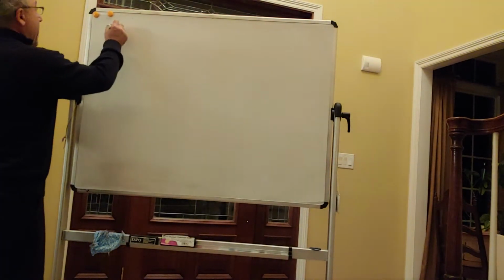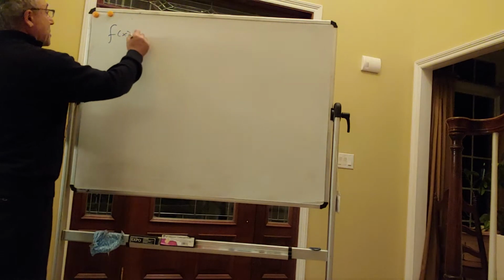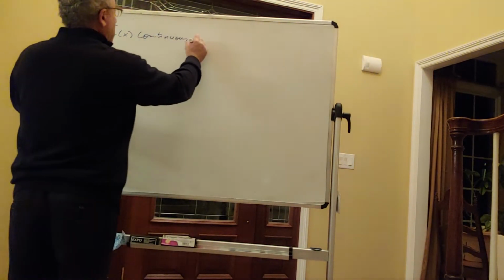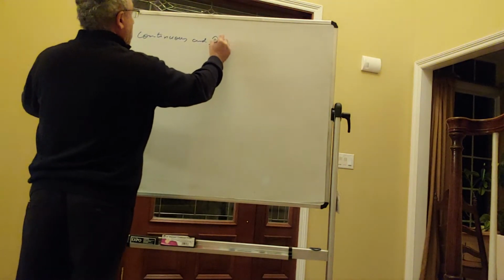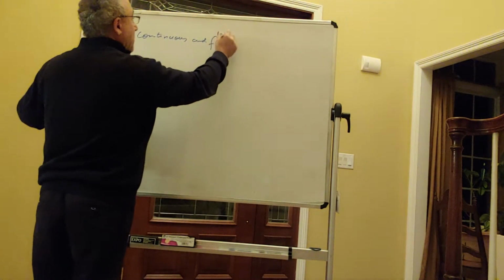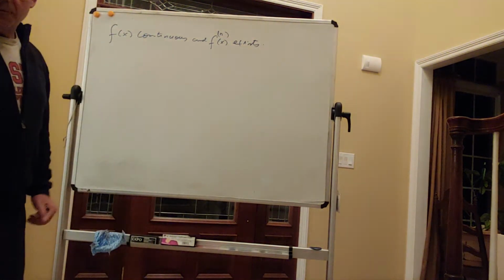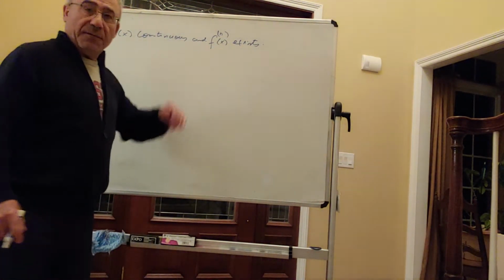So let's say we have f of x that is continuous and the nth derivative f^(n) of x exists on some interval.